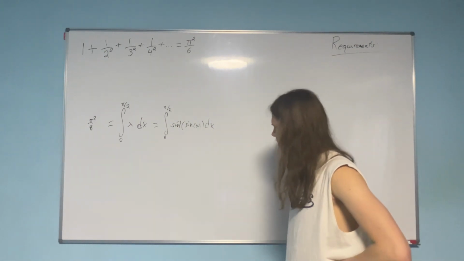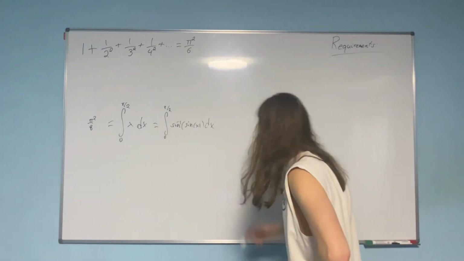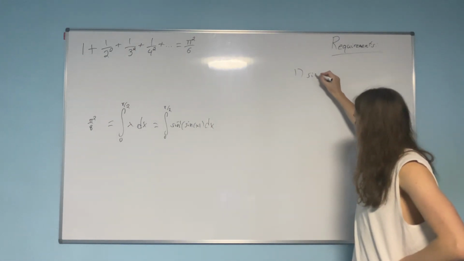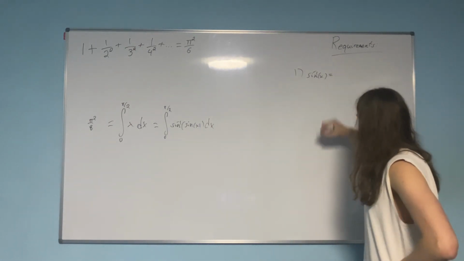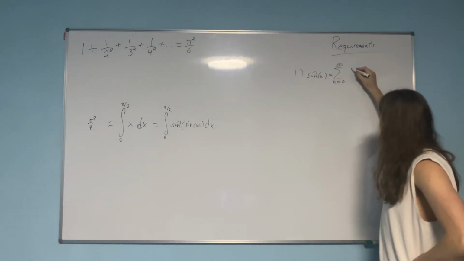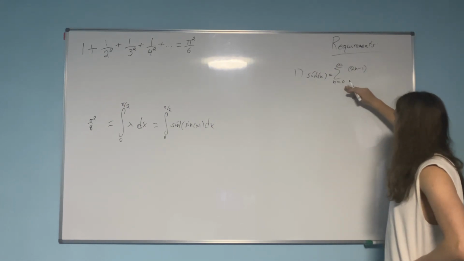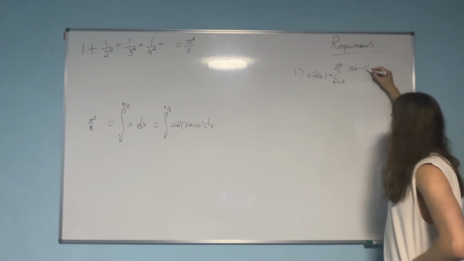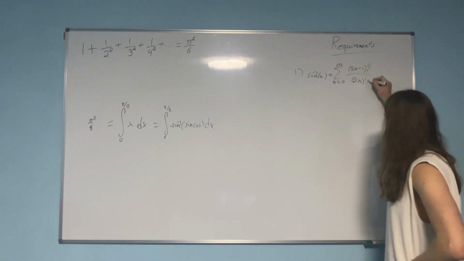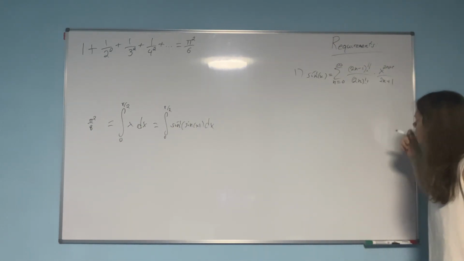And now we expand sine inverse of x as its power series. Now, so I have this one requirement. You should know that sine inverse of x has a power series expansion given by the sum as n goes from 0 to infinity of 2n minus 1 double factorial over 2n double factorial times x to the 2n plus 1 over 2n plus 1.